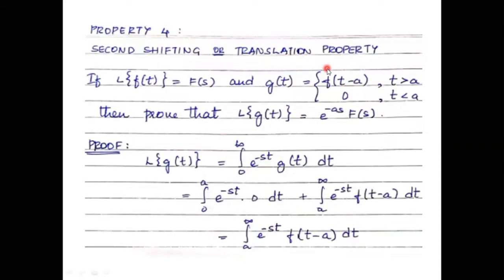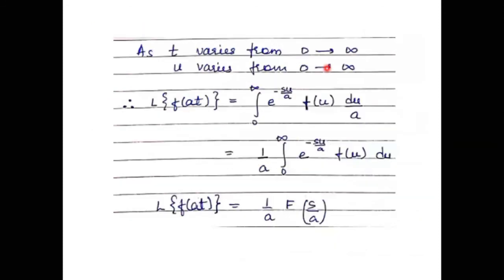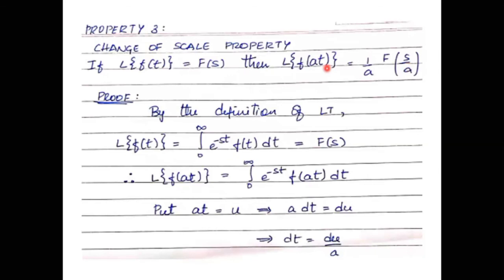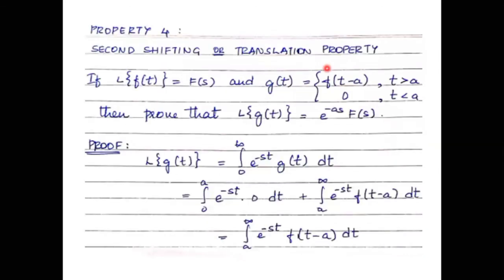And we'll move on to this last property. There are total 4 properties. First one is the linearity property, second is the first shifting property, third is the change of scale property, and fourth is the second shifting property, which is also known as the translation property. So what is this stating?